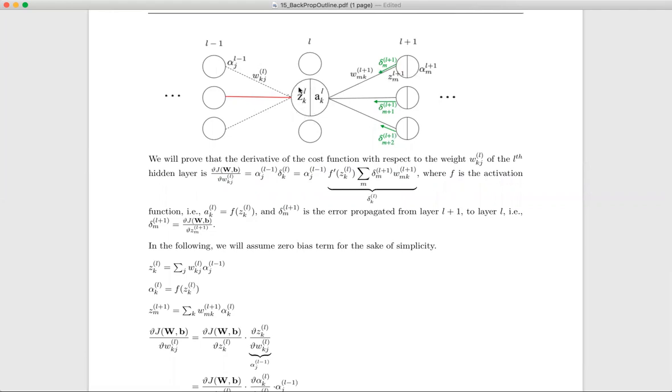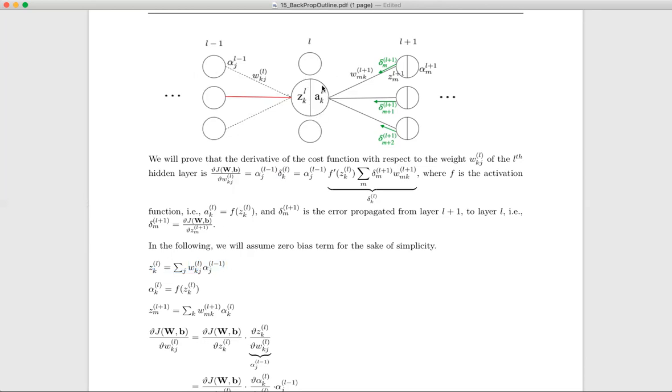The input of the L inner layer at the K node is equal, just from the process of forward propagation, to the inner product between each of the inputs at this node, which are all the nodes of the L-1 layer, multiplied by the corresponding weights WK of L. This expression here says that the input of the K node at the L inner layer is equal to the sum over all these nodes J of the L-1 layer of the weights that connect the hidden layer L-1 with the hidden layer L, multiplied by each of these activations, each of these outputs of the nodes at the L-1 layer.